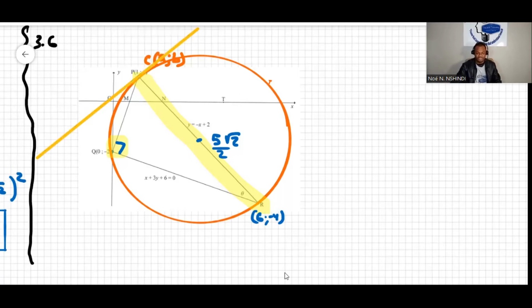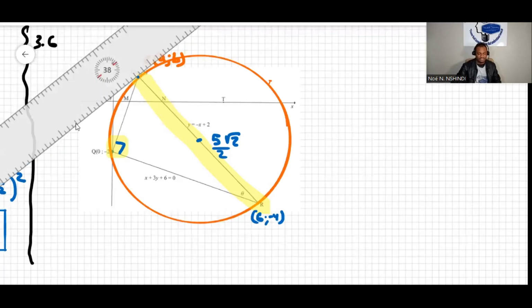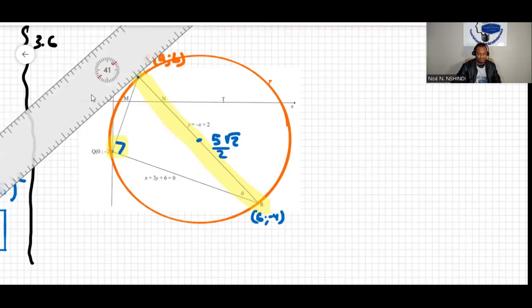Approximately. But if I want to be a bit more accurate, I need to redraw this tangent line, almost like this. Something like that. Et voilà.